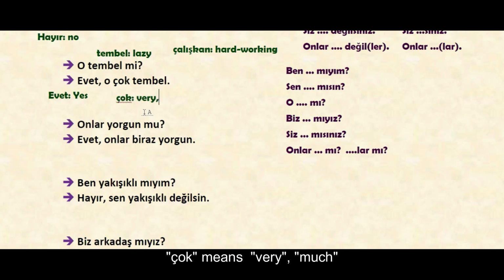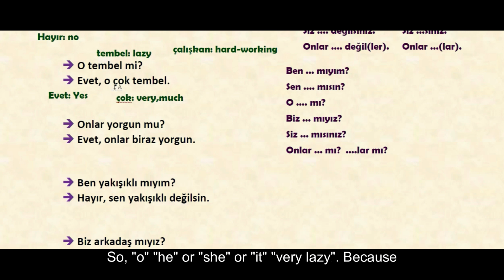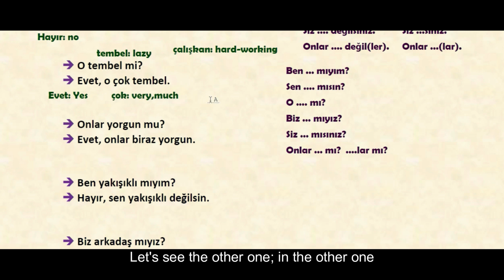Çok means very much, so, a lot. Like in this kind of meanings we can see çok. O çok tembel. He is very lazy. So o, he or she or it very lazy. Because the subject of the sentence is o, we didn't use any personal suffix. Let's see the other one.